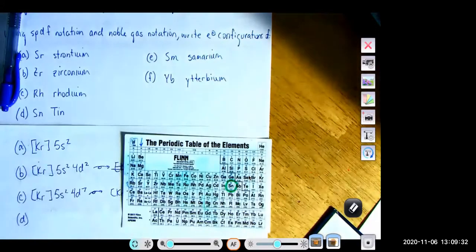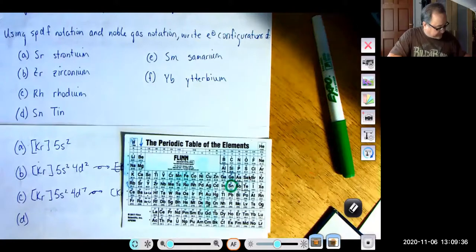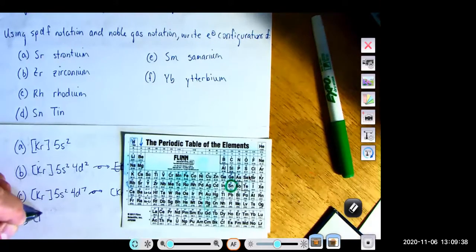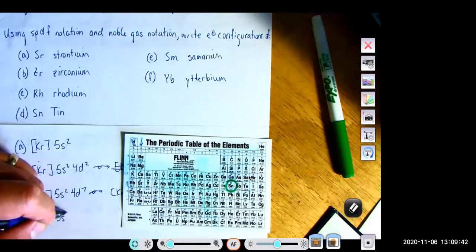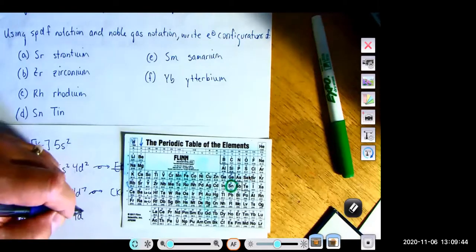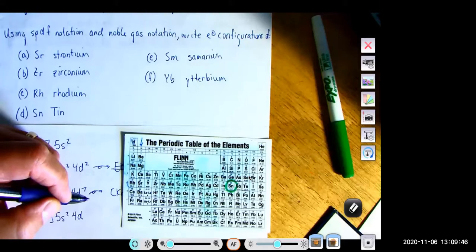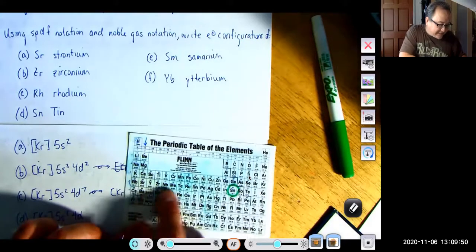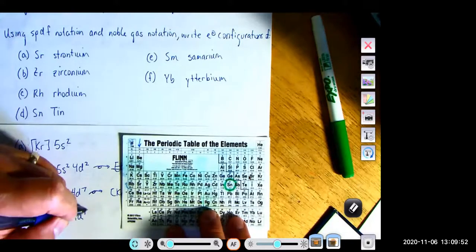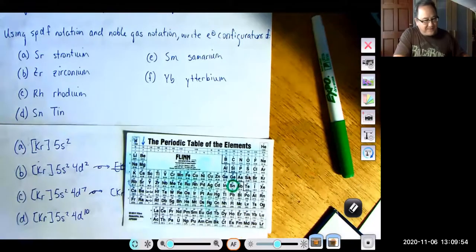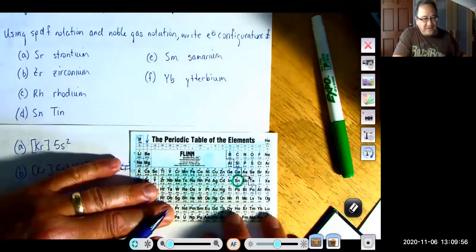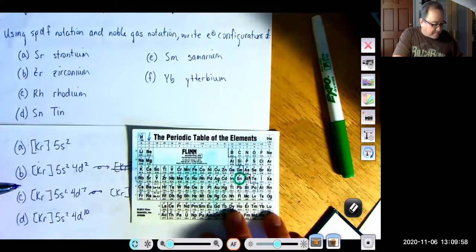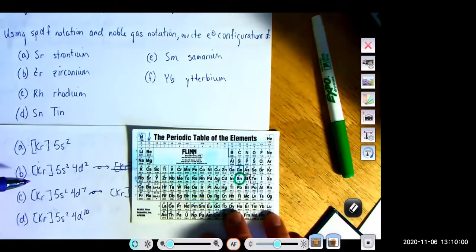Well, it would still be krypton. Yes, right. 5s2, 4d10, and then 5p2.